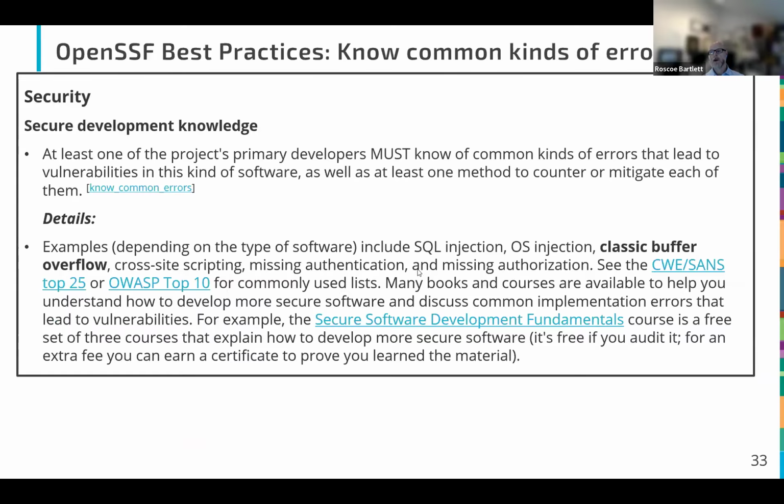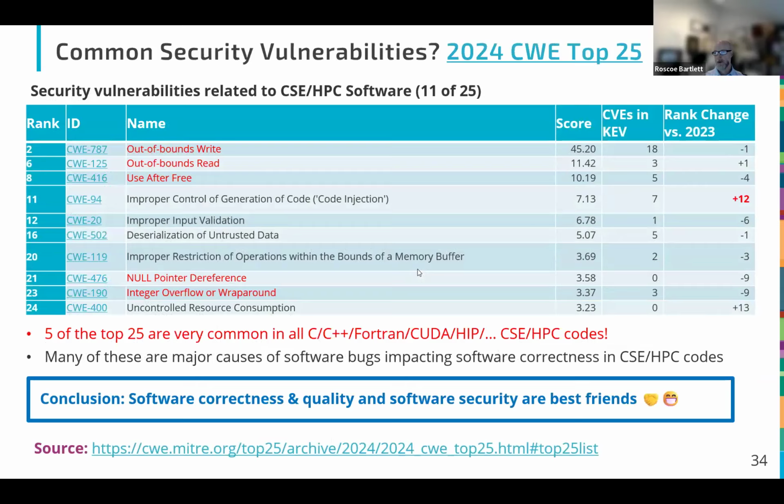And then another one is "know common kinds of errors." Okay, we've got classic errors like classic buffer overflow. Those are huge classifications of problems. Let's talk about that. There's this common weakness enumeration, or CWE, list that comes out every year, the top 25 vulnerabilities that are reported. And 11 out of the top 25 do relate to CSE and HPC software in some respect.